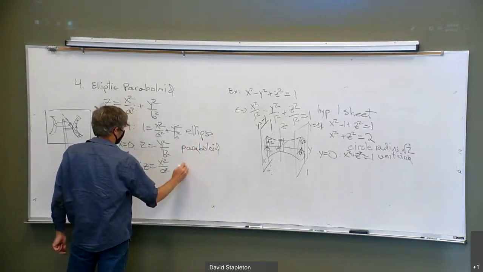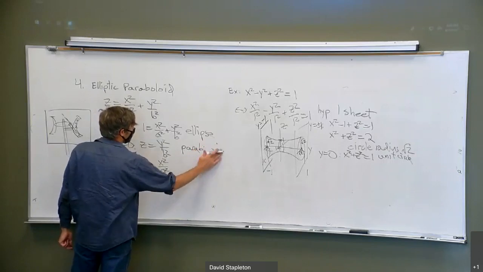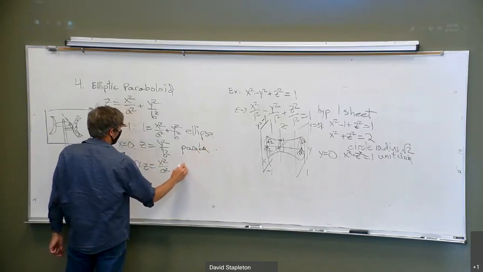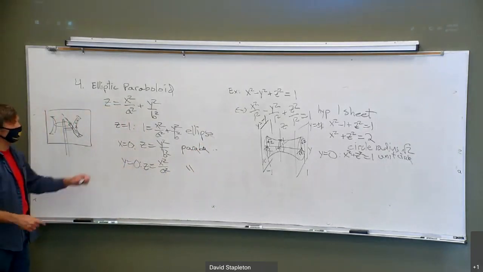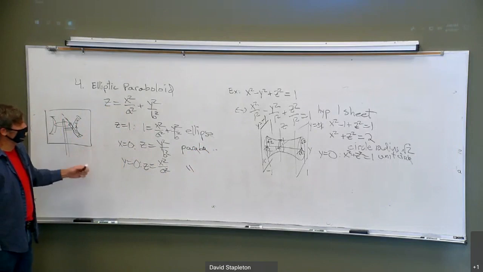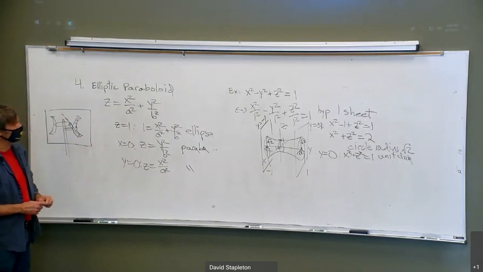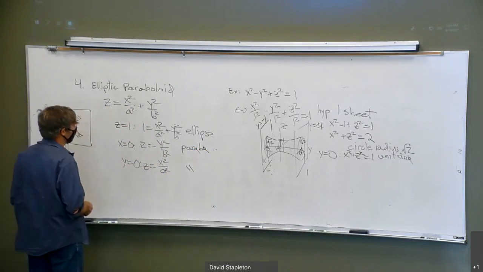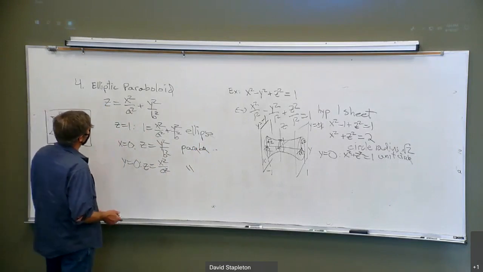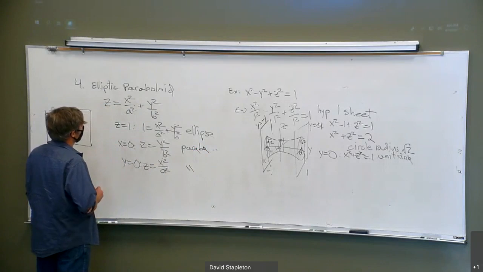You can memorize the equation, or notice it has cross sections that are ellipses and parabolas, so it must be an elliptic paraboloid, right? If it walks like a duck and quacks like a duck, it's got to be a duck. Similarly here, if it's got ellipses and parabolas, it must be an elliptic paraboloid.